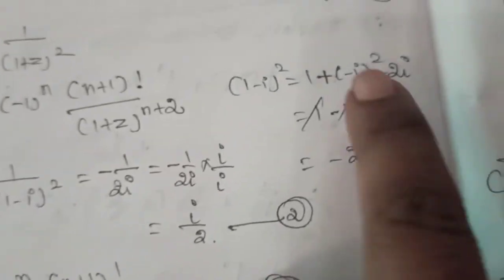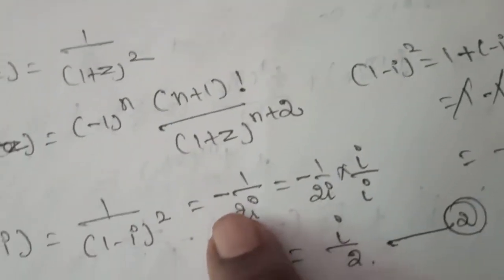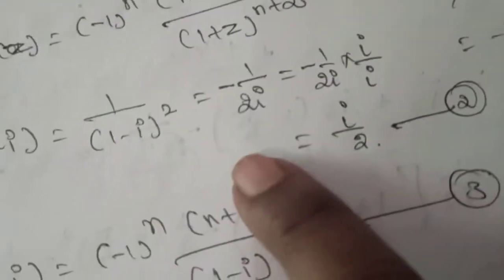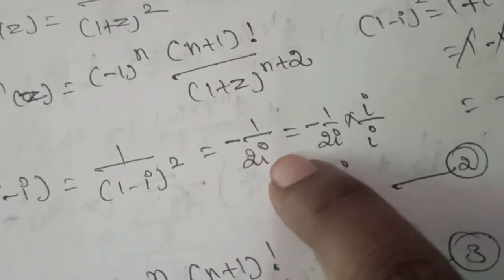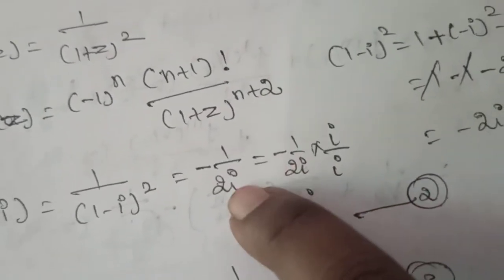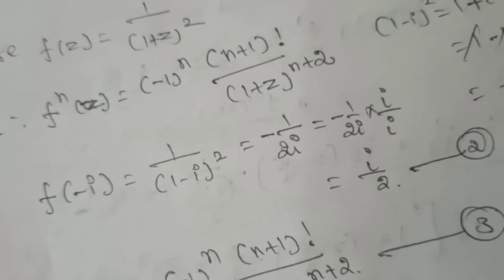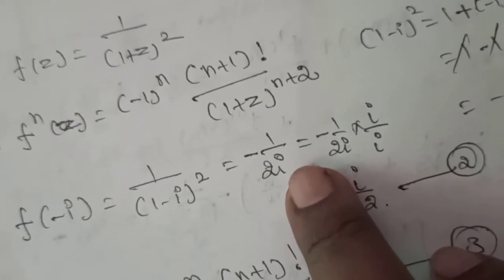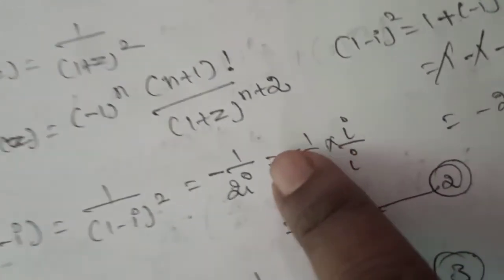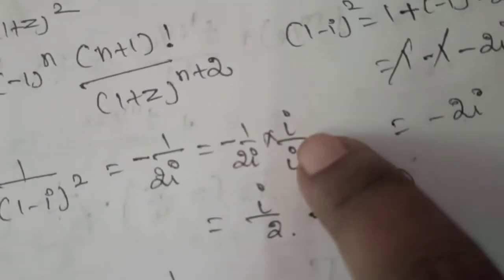Okay, so substituting this, we have 1 divided by (1 - i)^2, which is 1 divided by minus 2i. The denominator value is complex, which is not allowed, so we cancel the complex part by taking the conjugate: multiply and divide by i.